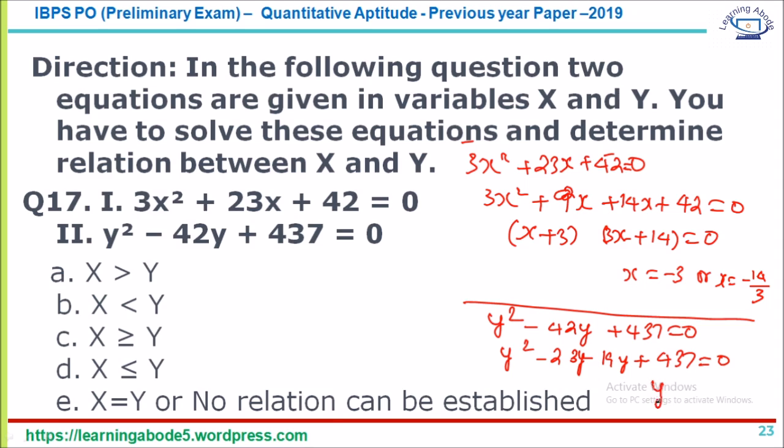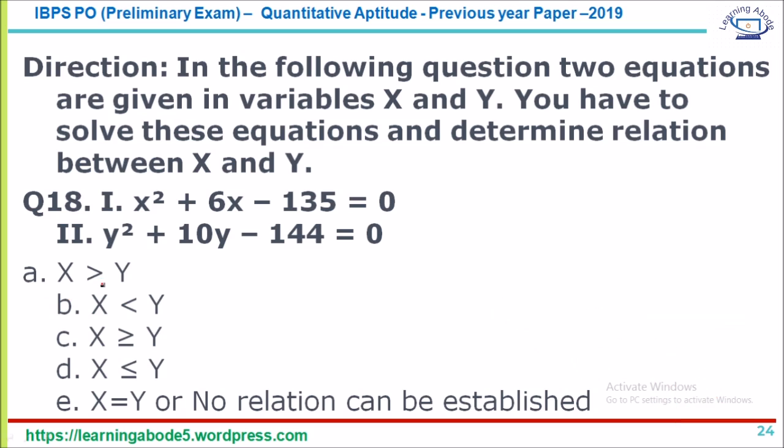If you split, you will get y equal to 23, y equal to 19. So as far as x is concerned, both the values are negative, and as far as y is concerned, both the values are positive. So definitely x is less than y in both the cases. So we can mark answer option B for question number 17. In any case, the value of x is less than y.